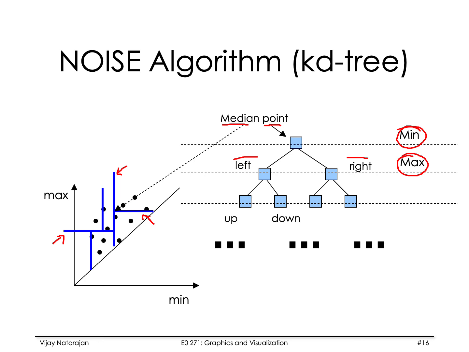We then proceed by again choosing the min axis and max axis and so on. The KD tree extends to higher dimensions where you alternate between all the dimensions. You would go with respect to the x-axis first, then the y, and then if there is a third axis, then the z, and so on, and then come back to x. Here we have essentially a 2D tree. This is a two-dimensional case.